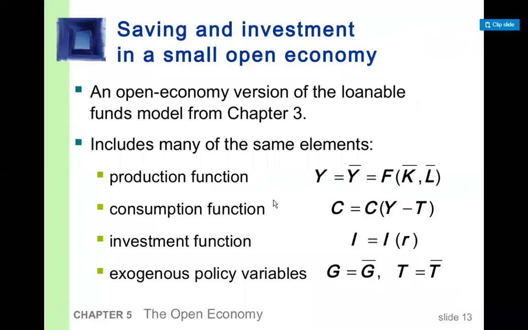So that was the explanation we have done with respect to the open economy. And finally, we conclude that net exports are equal to net outflow of capital. Now we explain the open economy model with saving and investment.